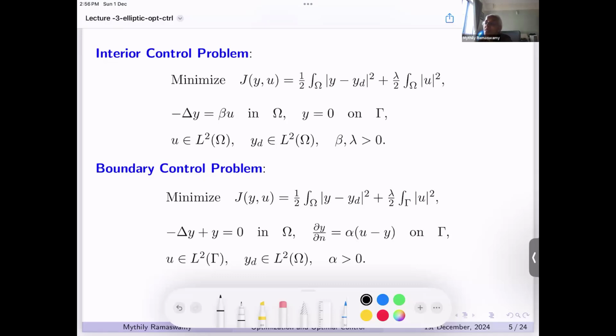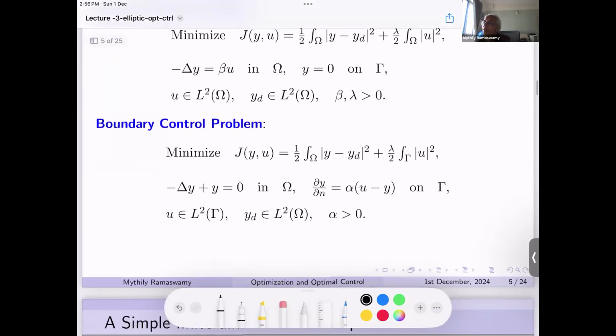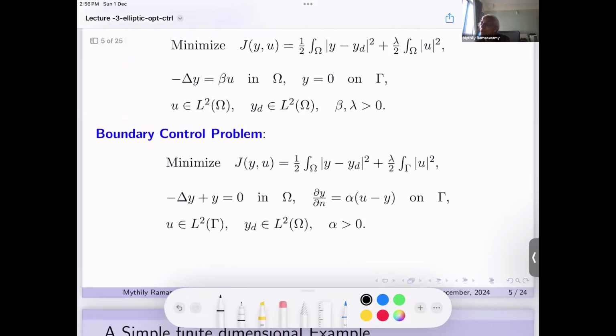So minus Laplacian of y equal to beta times u. Beta is some given constant, and y is 0 on gamma. This we call interior control. You could ask, how do I minimize, and what is the optimal control u which will make J the minimum? Similarly, in the boundary control problem, the same functional, but now u is defined only on the boundary.